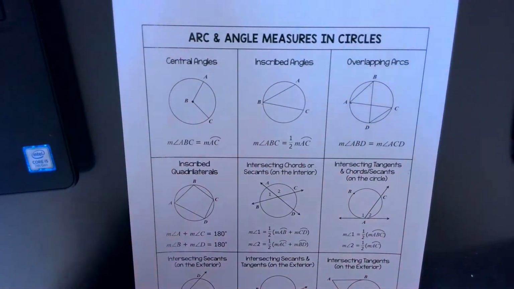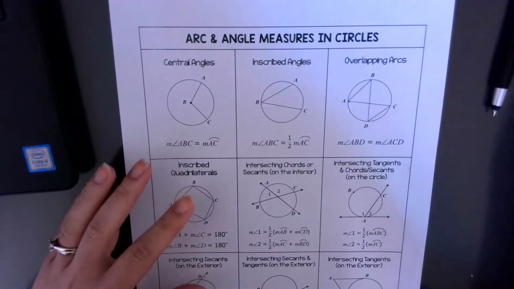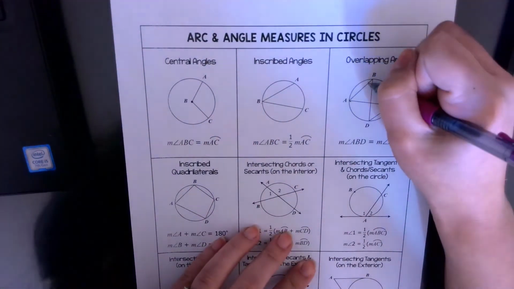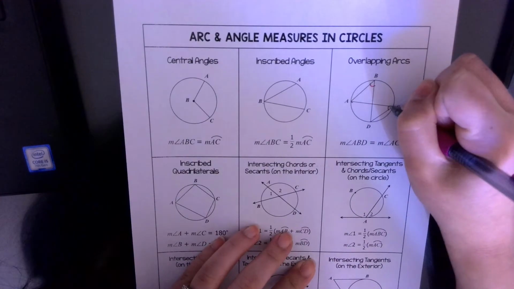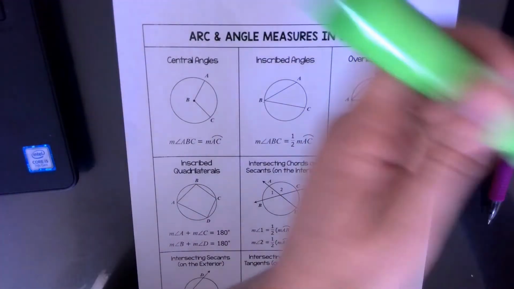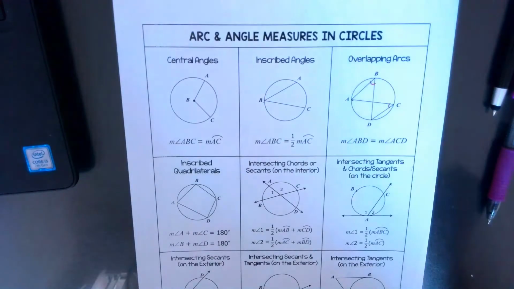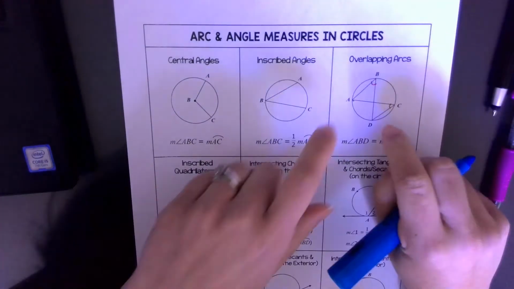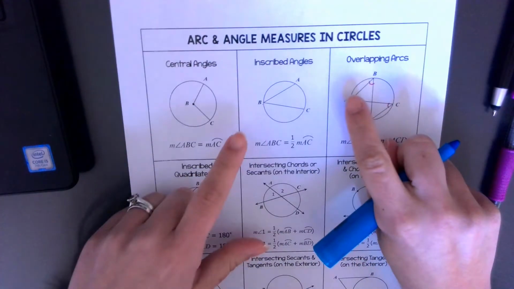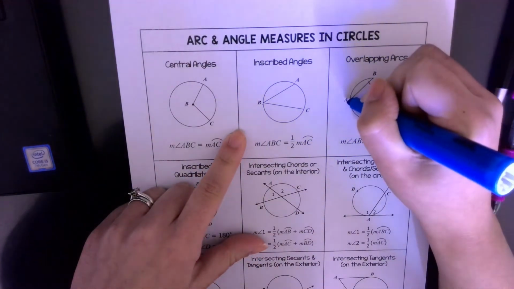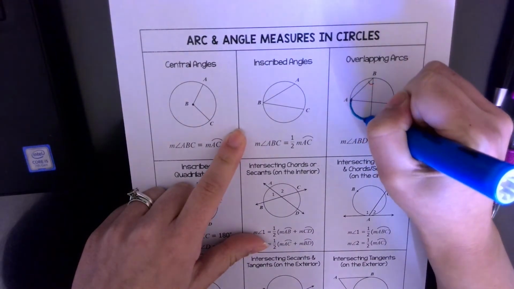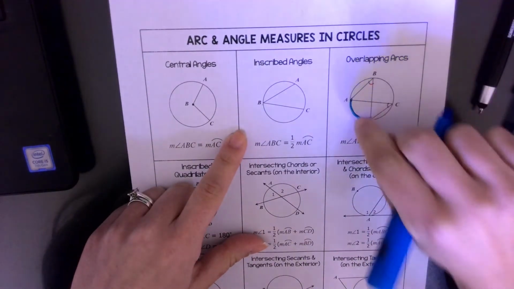So let me show you that. This angle is congruent to this angle, like they said, because they share the same intercepted arc. Remember, the intercepted arc is between the endpoints. So right here, this is the intercepted arc that they both share. It's right across.